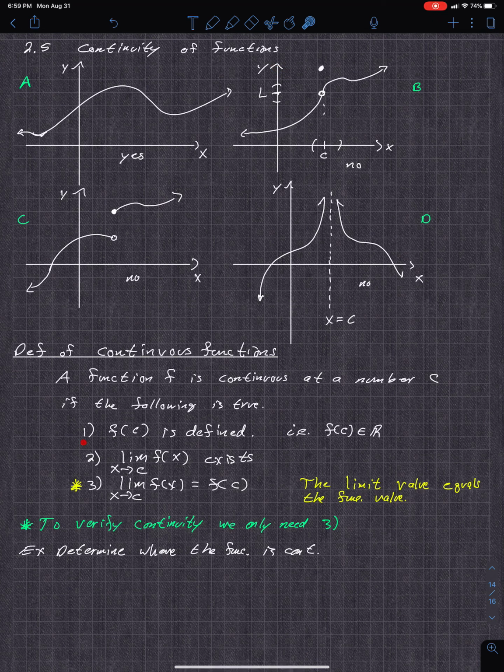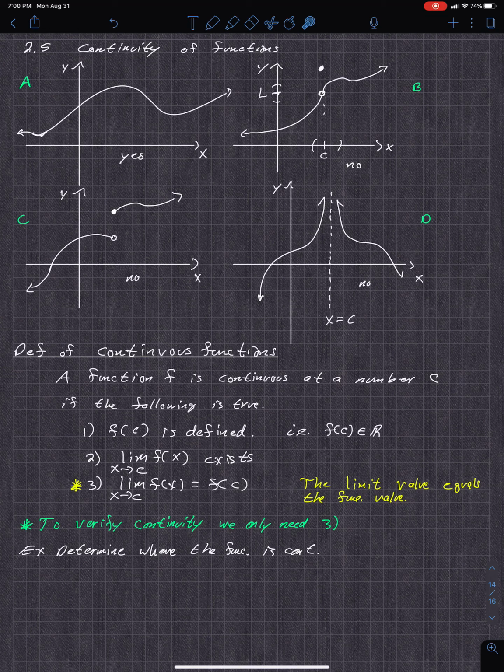Is f of c defined in B? Yes, it's defined right here. Does the limit of f of x exist in B? The answer is yes as well. So 1 and 2 are satisfied for B. The limit does exist. It's actually L right there. But it doesn't equal the function value. So it fails 3 for B.